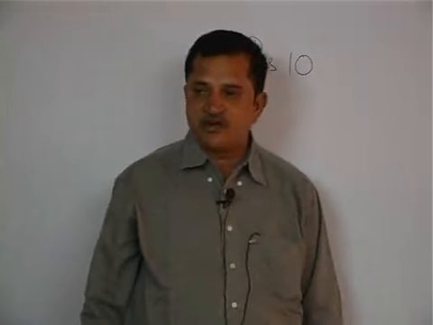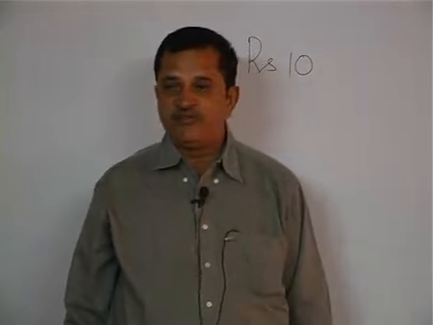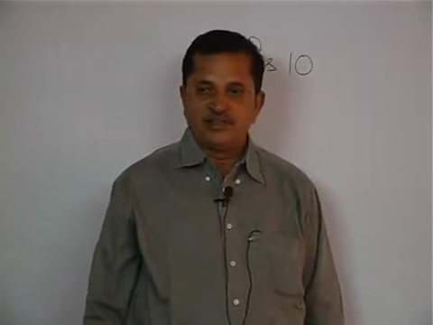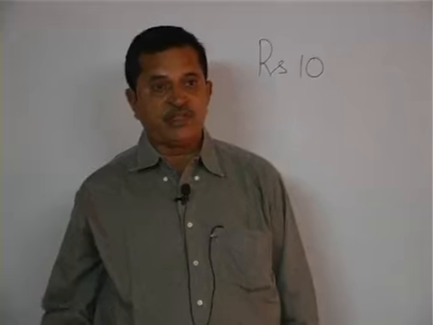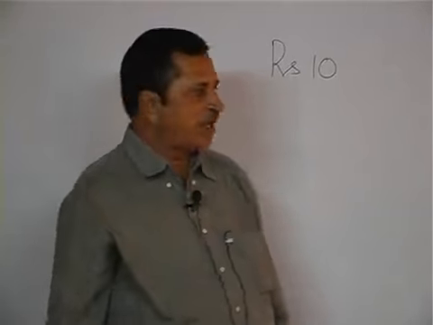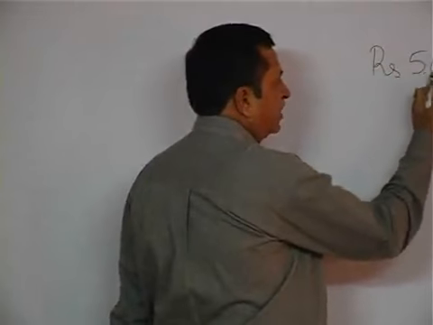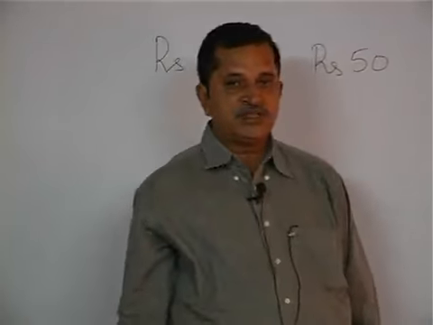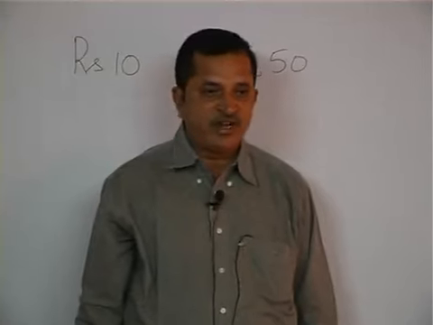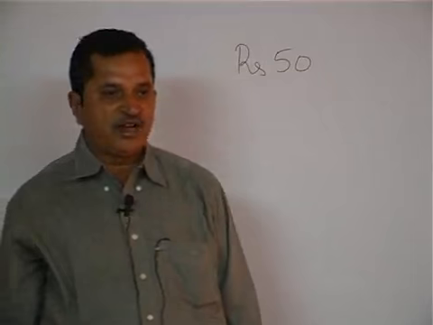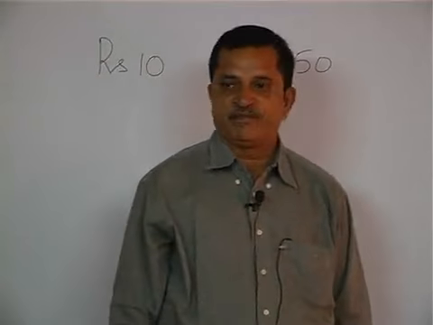When he says 10 rupees a kg, we feel that he is talking about an inferior quality. Then we will ask again, show me another quality if you have. Yes sir, I have another quality. The cost is 50 rupees a kg. When he says 50 rupees, we feel it as costly. When he says 10 rupees, we feel it as cheaper.